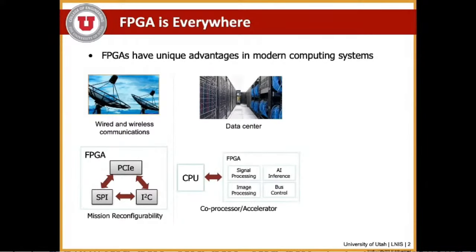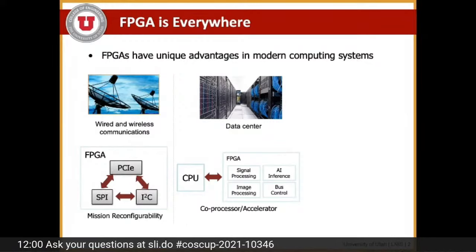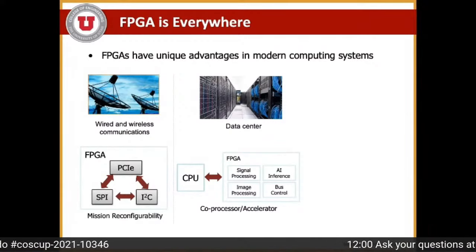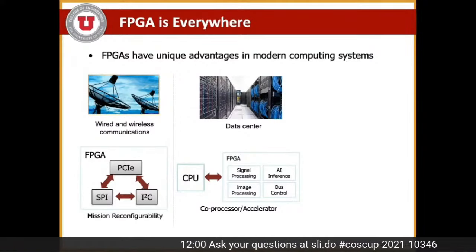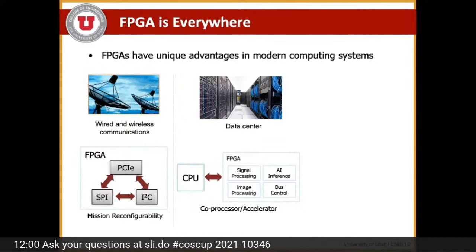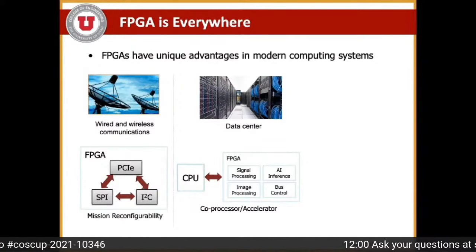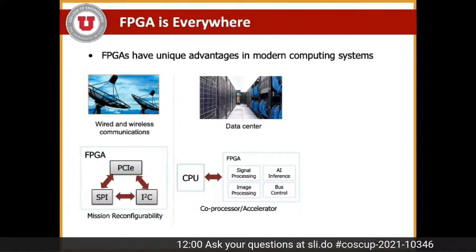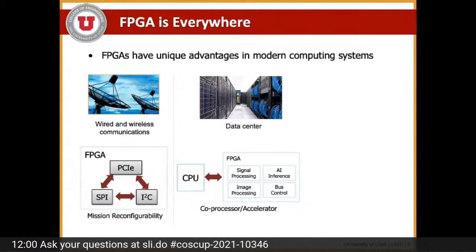Also, in the recent 10 years, FPGAs have become a dominant component in modern data center systems, where FPGAs work as co-processors, or we call accelerators, sitting aside CPUs. Their main job in such systems is to do high-performance computing, such as signal processing, AI inference engines, and image processing.